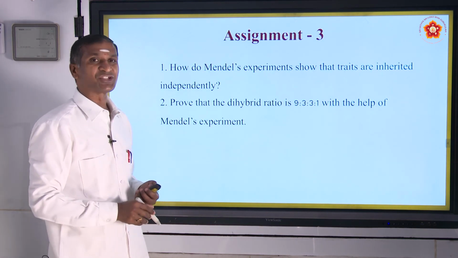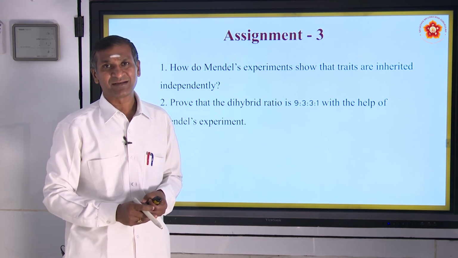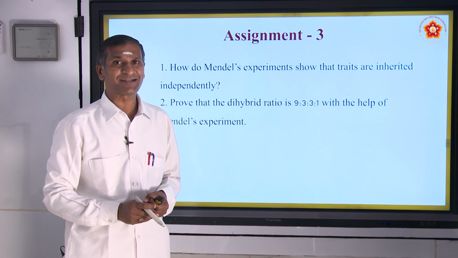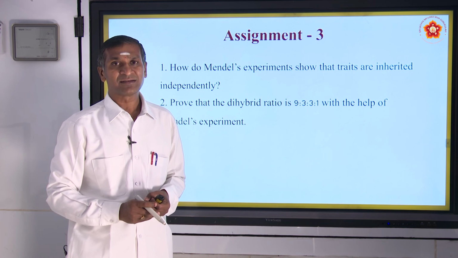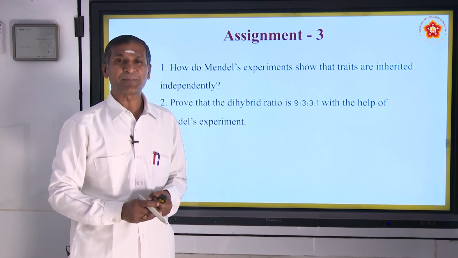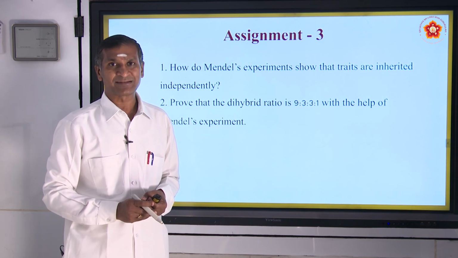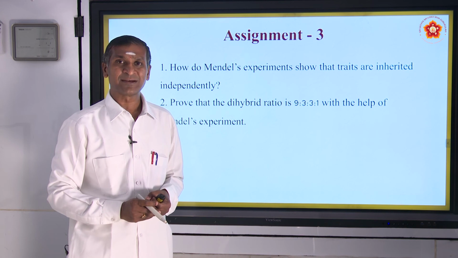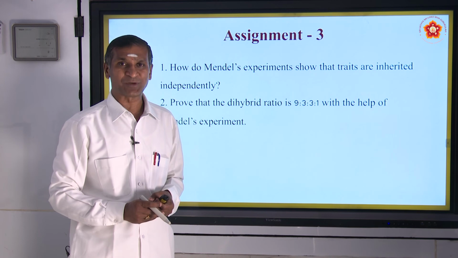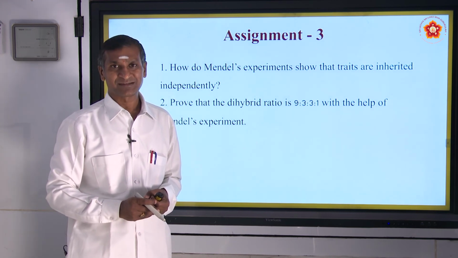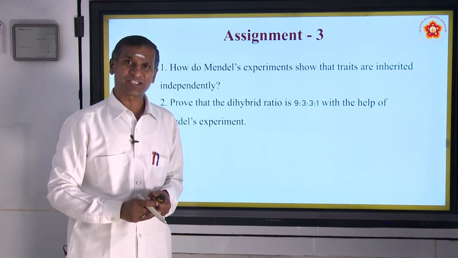Hope that the students have understood today's part 3 of the chapter Heredity and Evolution, which mainly dealt with Mendel's laws. For Mendel's laws, he conducted the garden pea experiment in 2 ways. One is a monohybrid cross by selecting a single character and crossing the 2 plants, and a dihybrid cross by selecting 2 characters and crossing 2 plants.